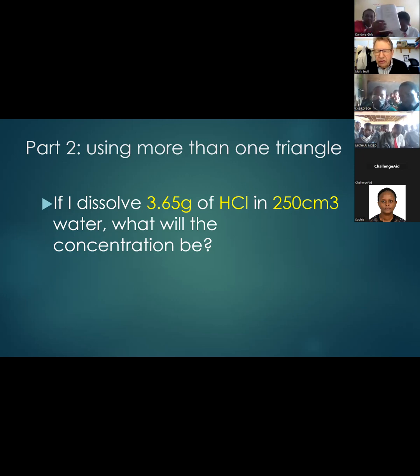I'll show you how to do it in just a minute. For some reason, pinning isn't working. It's not 0.1. Oh, sorry, hang on. I didn't realize what you were doing. You have worked out the moles correctly. Now you need to put those moles over the volume over 1,000.